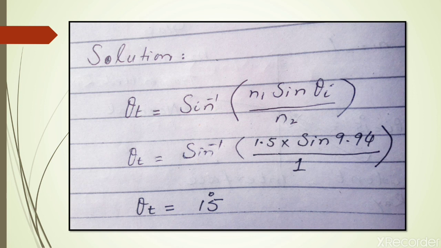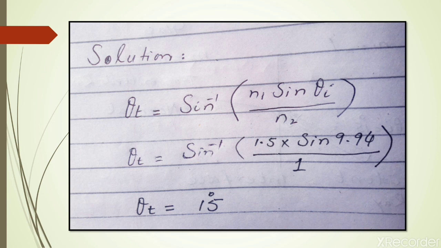Okay, so we calculate the angle of transmission with the help of the same equation. We have already derived this equation in the previous slides. So N1 in this particular case is 1.5. Why? Because the light ray travels from the glass back to the air now.